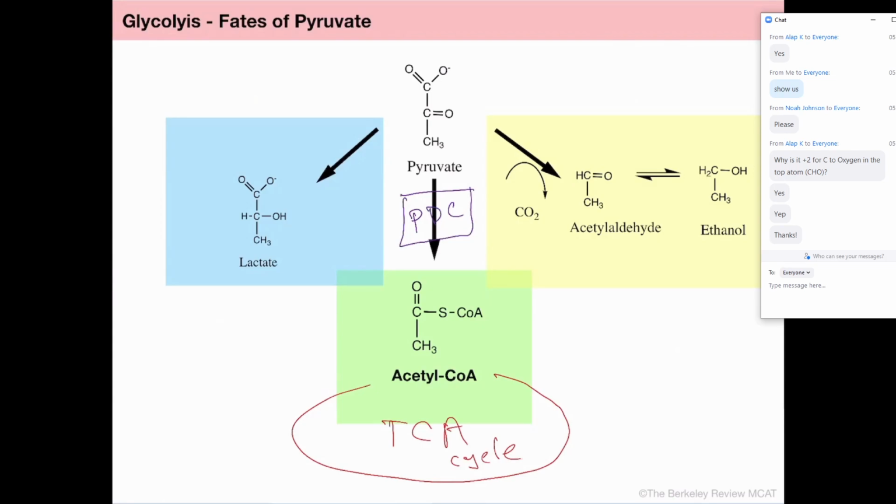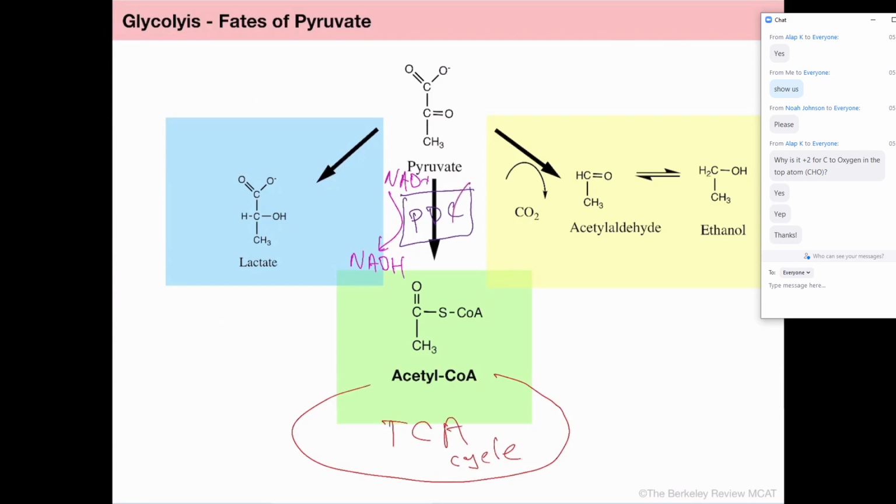It'll turn NAD to more NADH, right? And it'll turn coenzyme A into acetyl-CoA, right?